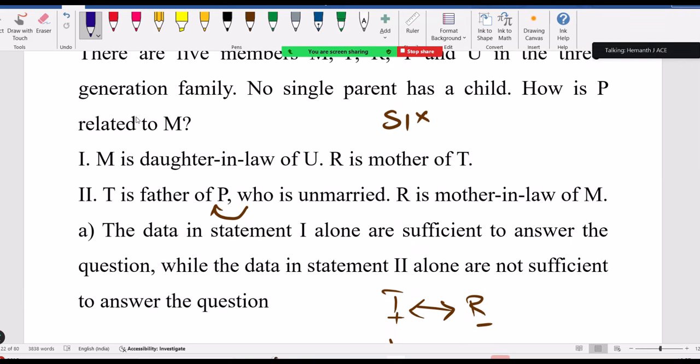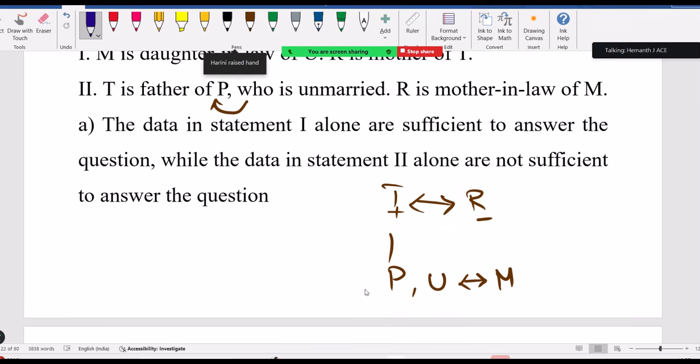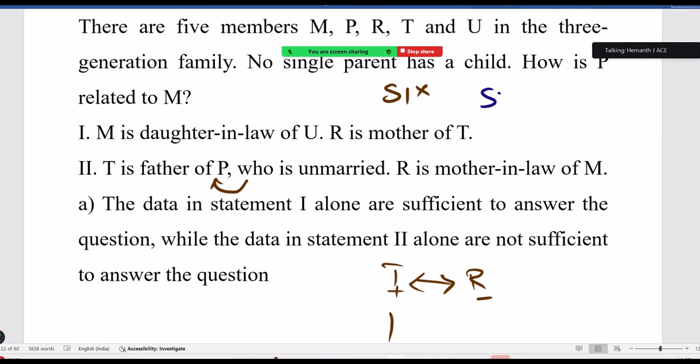How is P related to M? It can be sister-in-law or brother-in-law, your spouse's brother or sister. I don't know the gender of P as of now. So for that reason, one alone is not possible, and in fact two alone is also not possible here.